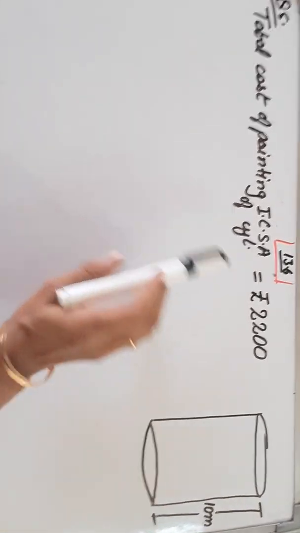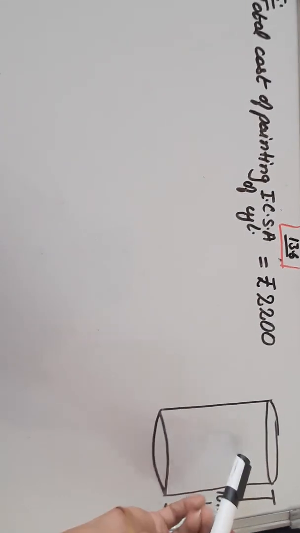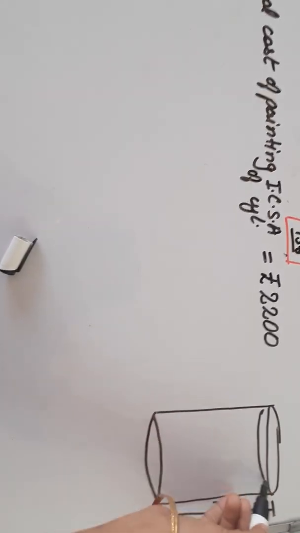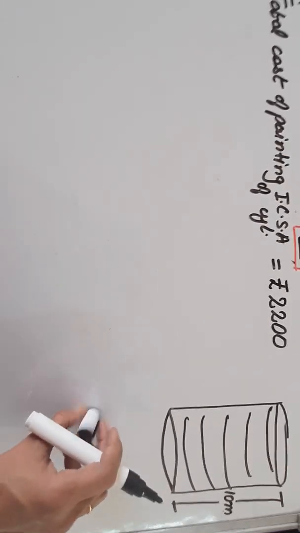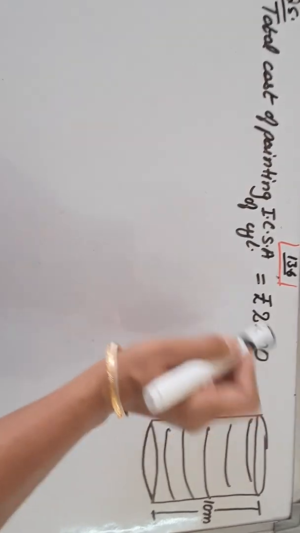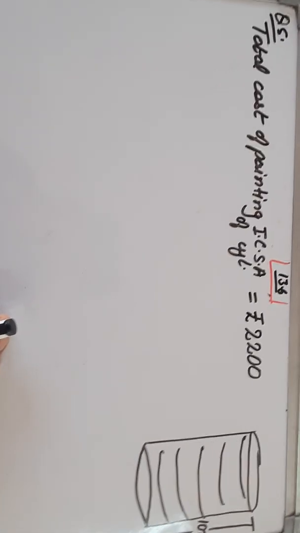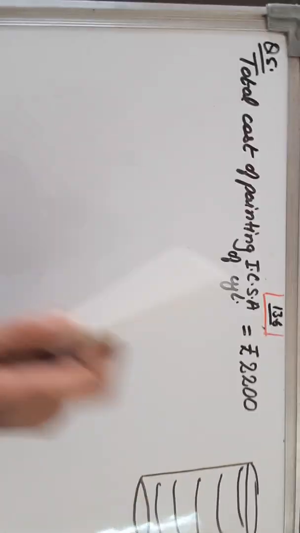Total cost of the painting is given to us, and we know how the total cost is obtained. Now dear students, total cost of painting inner curved surface area, we have to paint only the curved part of the cylinder, and that too only from the inside. And the total cost of painting this curved part is given to us as rupees 2,200. And do you know how we get the total cost?